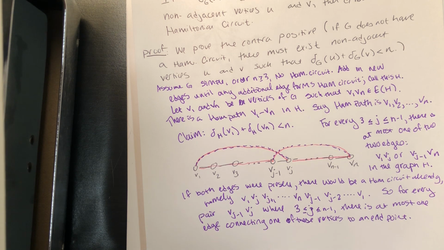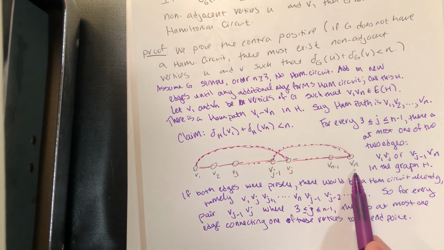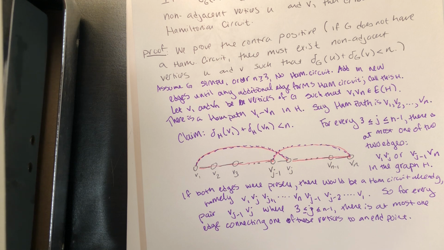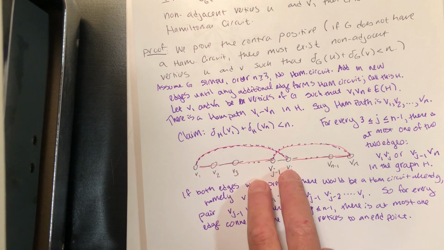And so altogether, if we want to find the degree of V1 plus the degree of Vn, well, this is all the vertices in the graph right here, if it's a Hamiltonian path. So to count them all up, well, we have at most one edge for every pair. Well, how many pairs are there?